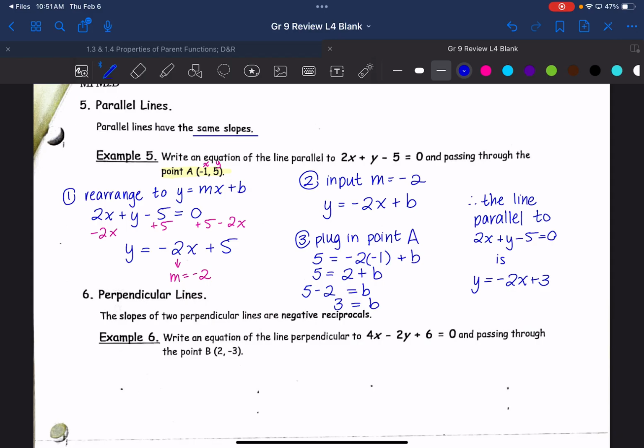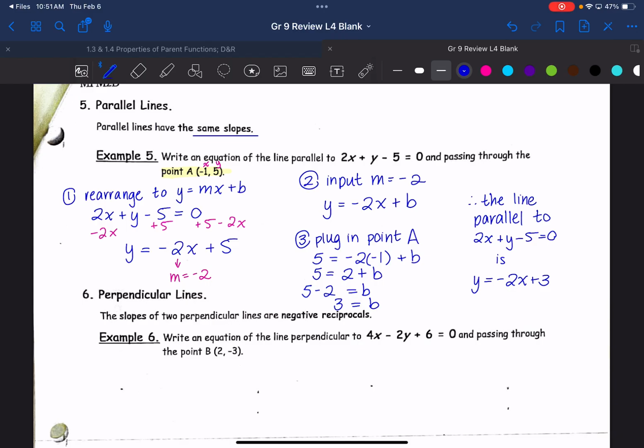Yeah, Luke? So if you have a slope of 4, the negative reciprocal would be -1/4. So Luke's saying we have to change the sign and flip it. And why we do that is because perpendicular lines meet like this, at exactly 90 degrees. They're perfectly crossing each other.